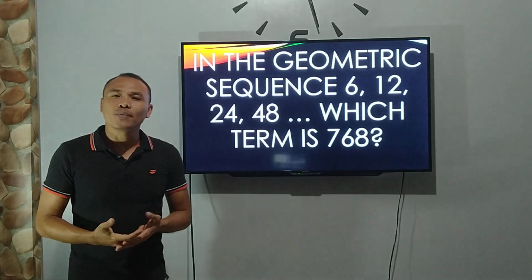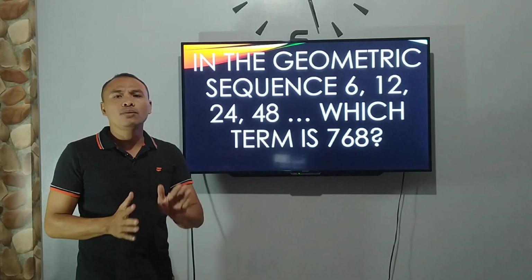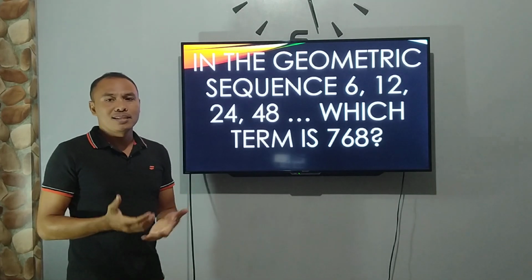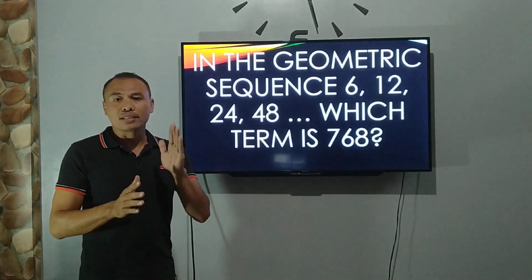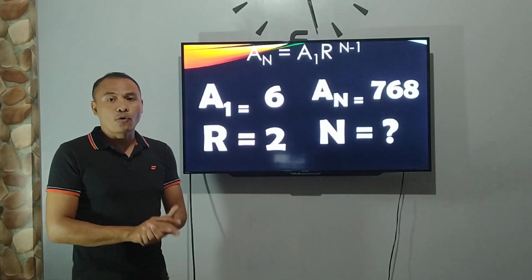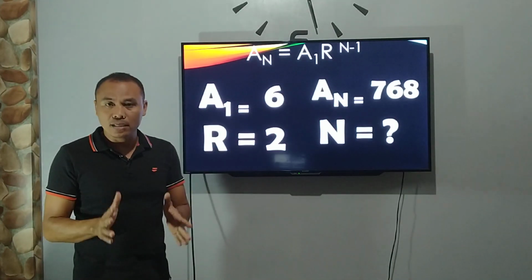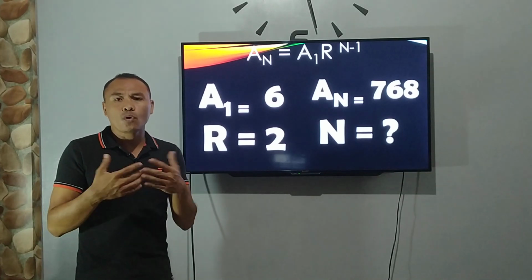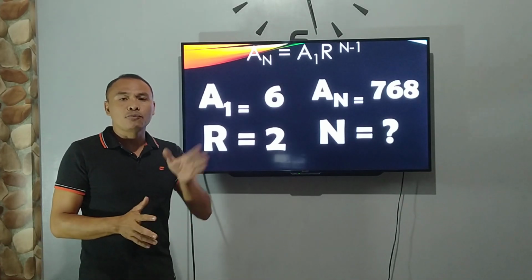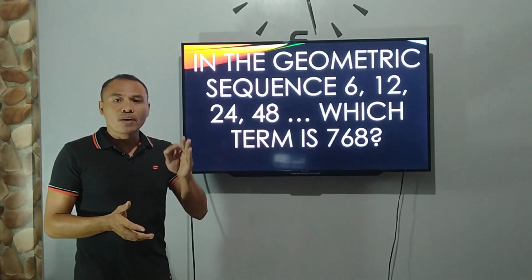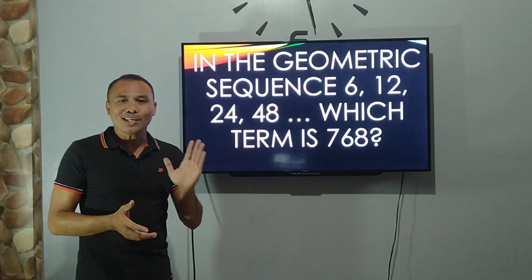Let's take another example. In the geometric sequence 6, 12, 24, and 48, which term is 768? Again, let us identify the given and then substitute to the formula. The first term is 6, and r is 2. How do we get the r of 2? The first term is 6, the second term is 12. So divide: 12 divided by 6 is 2.